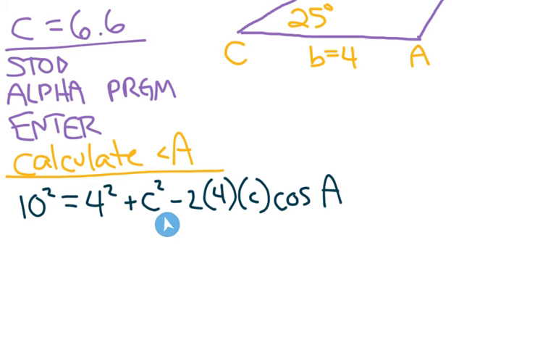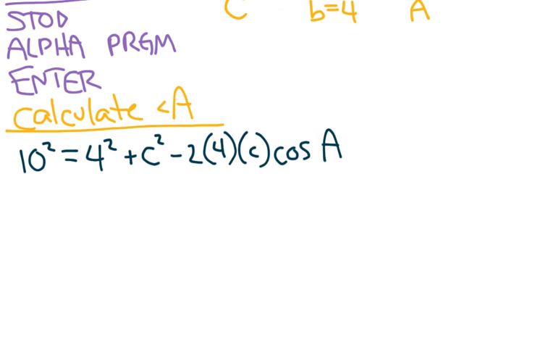We could actually add this negative 8c cosine A to the left side, or subtract the 4 squared and c squared. I'm going to choose the 4 squared and c squared just because that's what I have in my notes. So here we go.